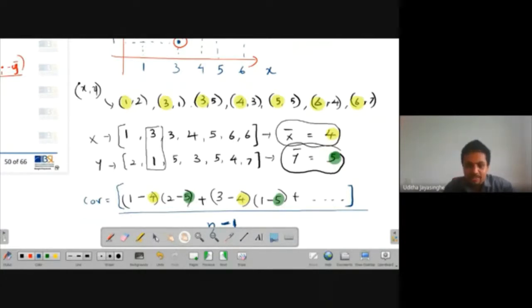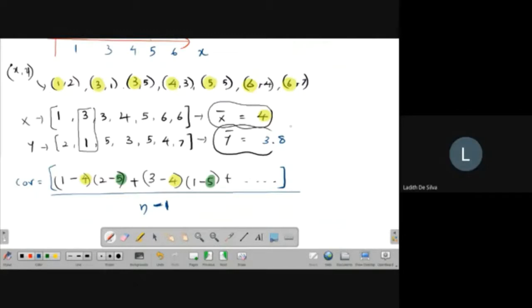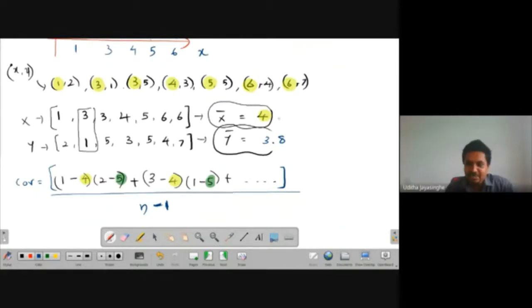The correct value, just for discussion sake, I took 5 here. For x bar, my fictional value of 4 is aligned. Sorry about that. I understand your confusion now. I hypothetically put 4 here, but it is a correct value. But for y bar, it is going to be 3.8 precisely.